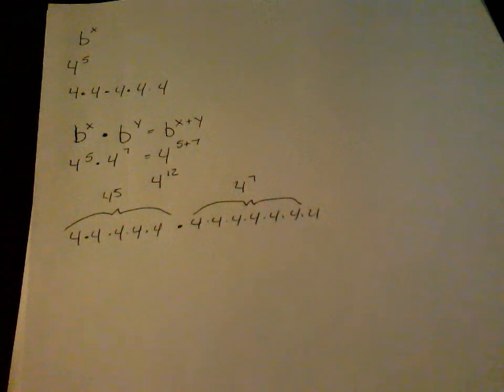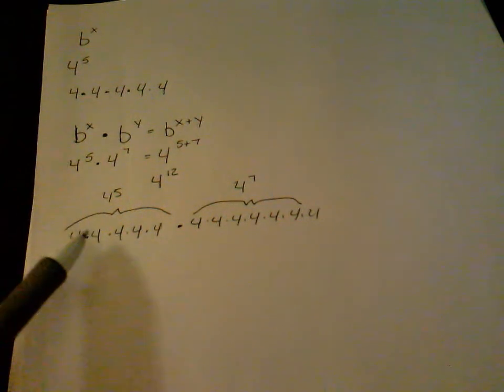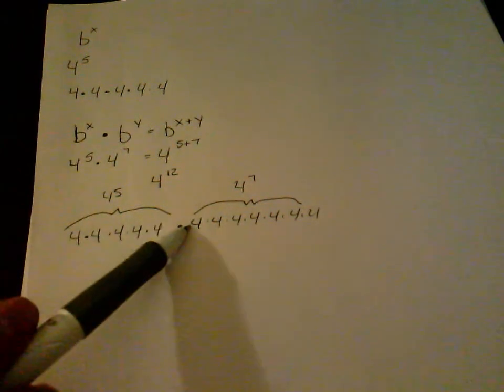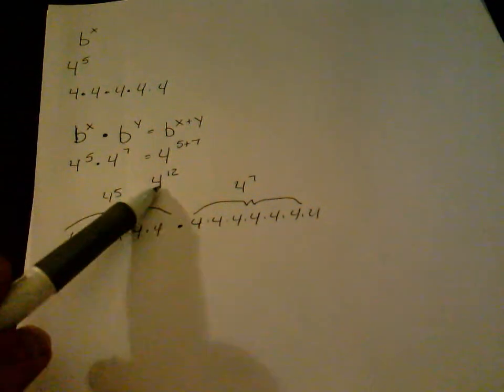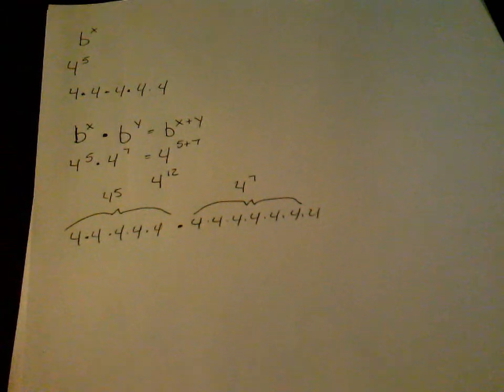Now, if we add this up, this is 4 times itself 1, 2, 3, 4, 5, 6, 7, 8, 9, 10, 11, 12 times. So this is technically 4 to the 12th power. This is why this works. So that's an explanation of the first one.